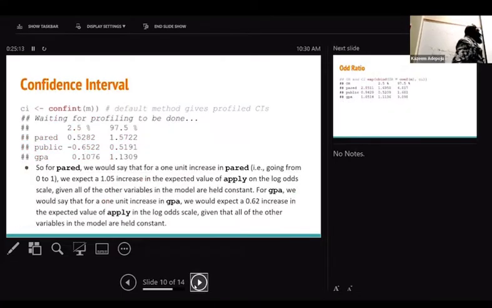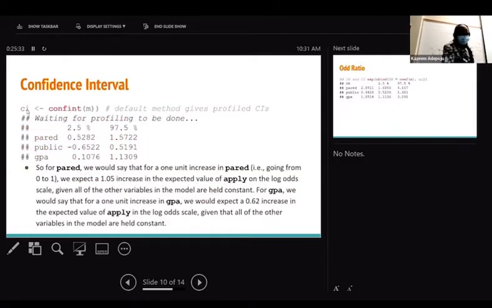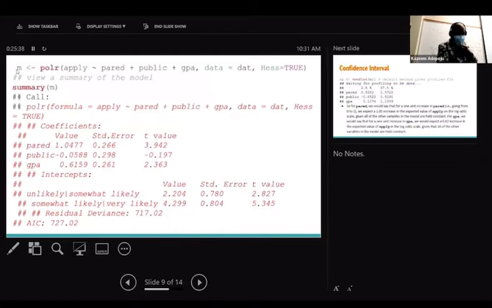We also want to get the confidence interval. The confidence interval of what? If you look at the estimates under the value, the PARAD, the public, and the GPA, these are point estimates, right? You can also get the interval estimates for them. If you want to get an interval estimate, it's just going to be confint of M. Don't forget M here.